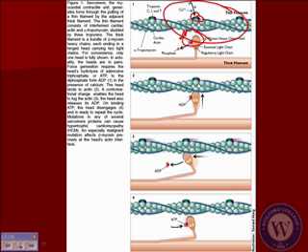Once a contraction takes place, the myosin head will stay attached and will not allow relaxation to take place. For relaxation to take place, you must have ATP go in there, break the myosin head, and reload the myosin head. So ATP basically allows for proper relaxation to take place and to reload the myosin head.